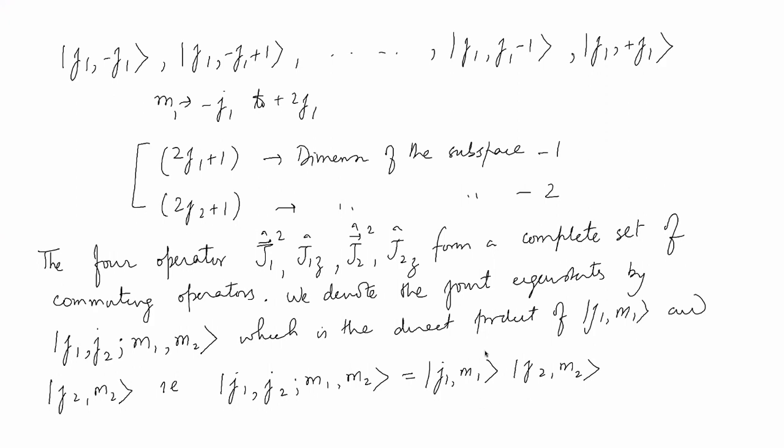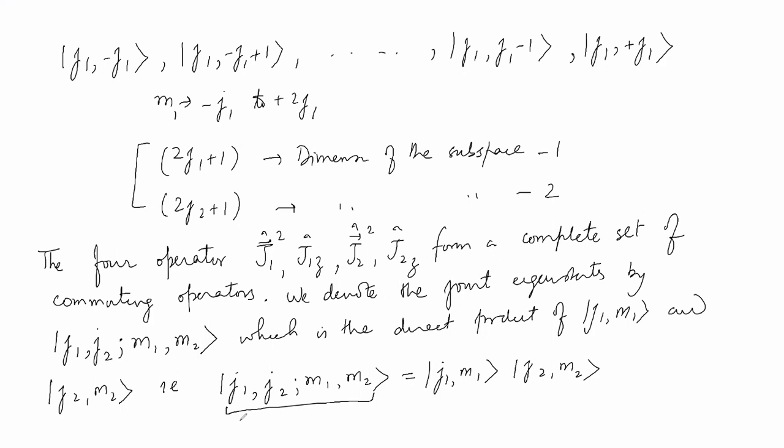That is why we can write it as the product for the joint eigenstates. Now J1 square will operate here, J1Z will operate here, J2 square will operate here, and J2Z will operate here.